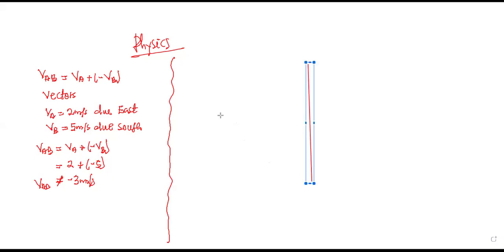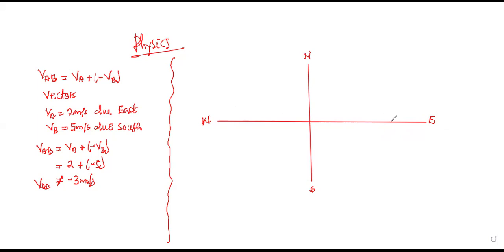So my north-south axis, my west-east axis. Then, so this is the north, this is the south, the west, and then the east. Then represent, we are told that velocity of A is due east.